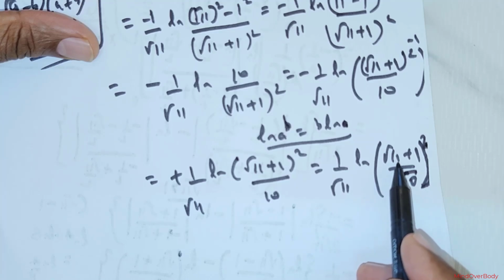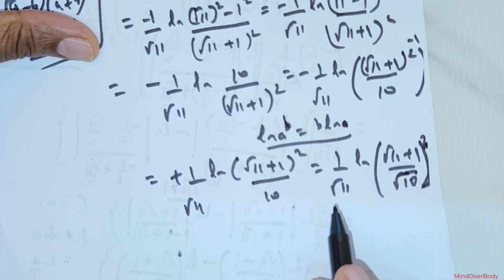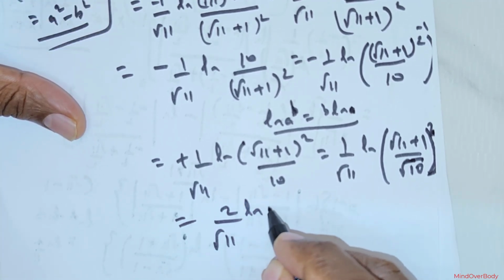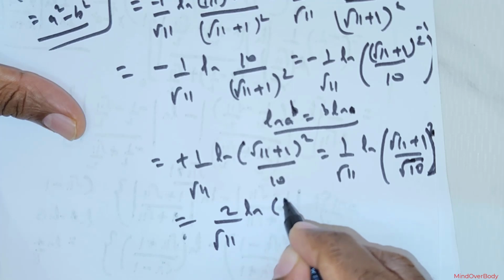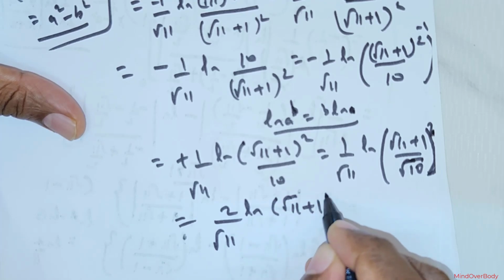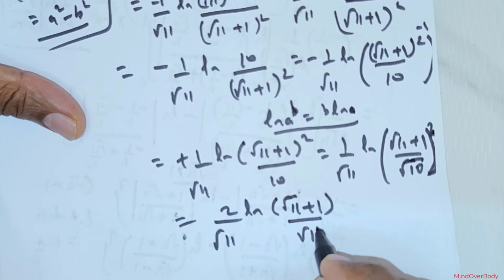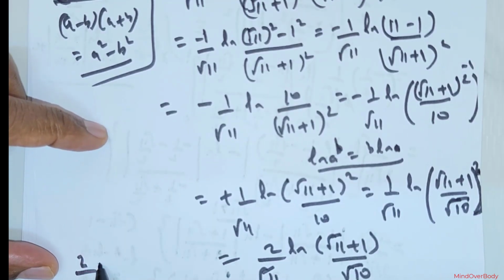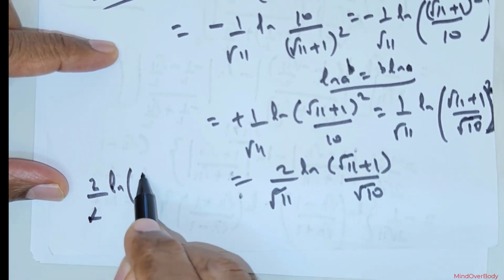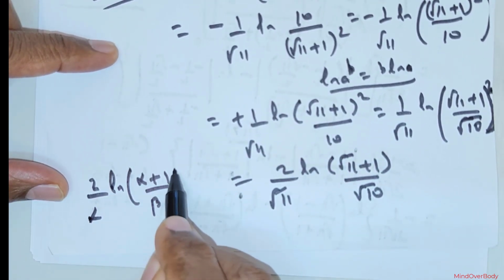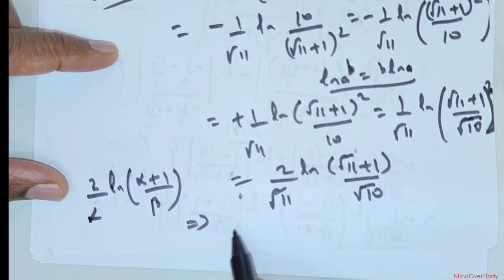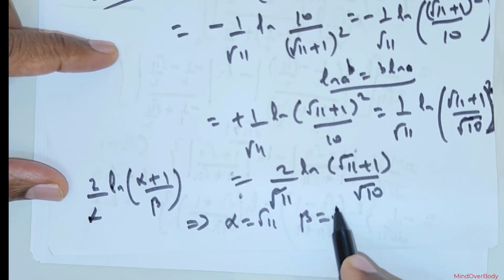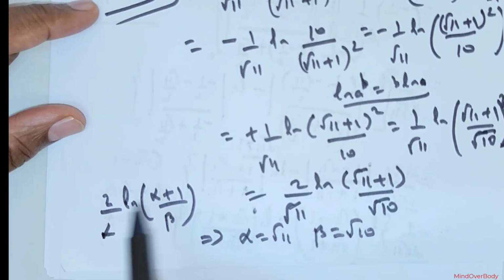But we already have root of 11 positive 1 raised to the power of 2. So that's why I'm writing it like this. So this is going to be 2 times root of 11 ln of root of 11 positive 1 divided by root of 10. Now clearly this is of the form 2 over alpha ln of alpha positive 1 divided by beta. So this means my alpha is equal to root of 11 and my beta is equal to root of 10.